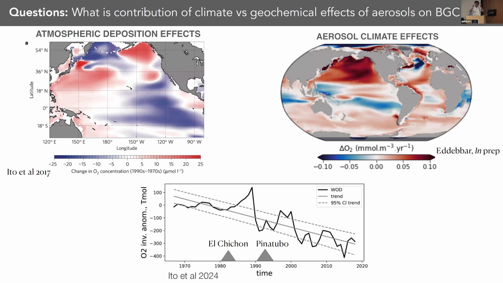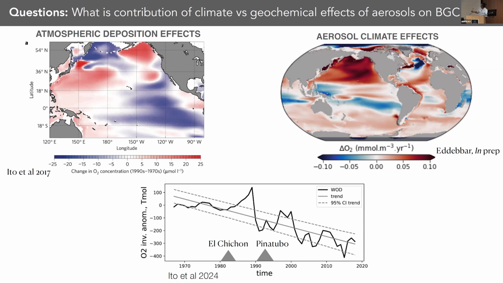And then from the industrial sources, there are some open questions that I think are really relevant for this long-term oxygen decline. The climate effects of aerosols, as I've shown, are really important based on the model. But aerosols also induce geochemical impacts via the atmospheric deposition of iron, phosphorus and nitrate.